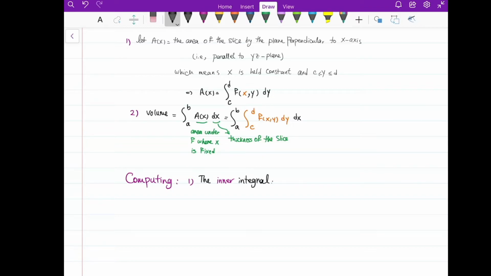For the inner integral, x is fixed. We integrate with respect to y. Basically just assume that x is just some constant. Okay, that's it.